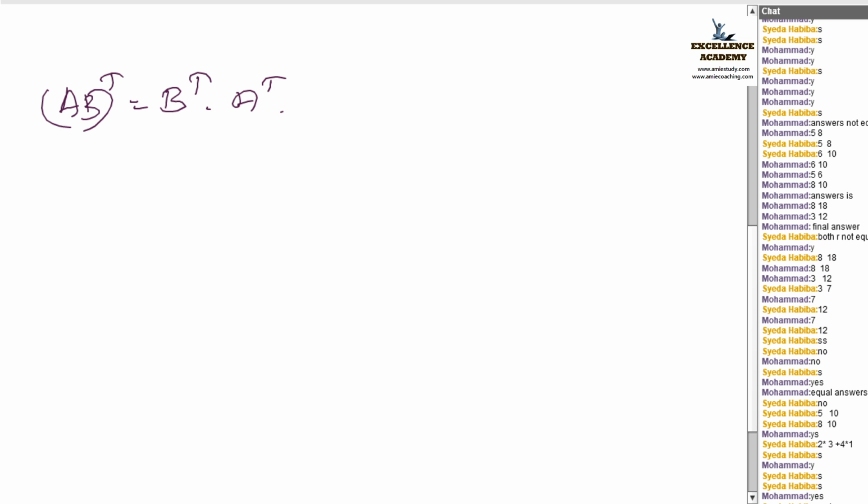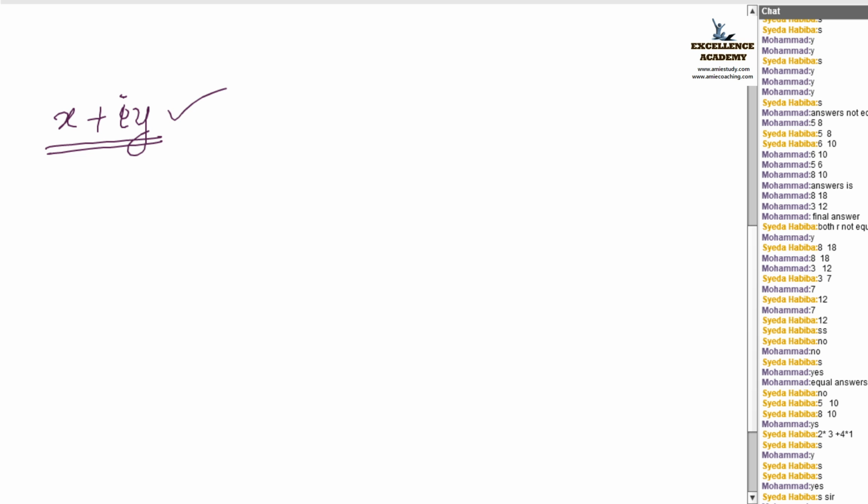Okay. So, next one is regarding complex number. We have already studied complex number, isn't it? We have just got an introduction of complex number. x plus iy, where x is the real part and y is the imaginary part. Am I right? We have discussed this, isn't it?